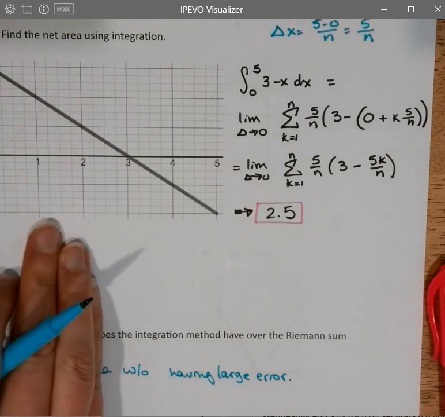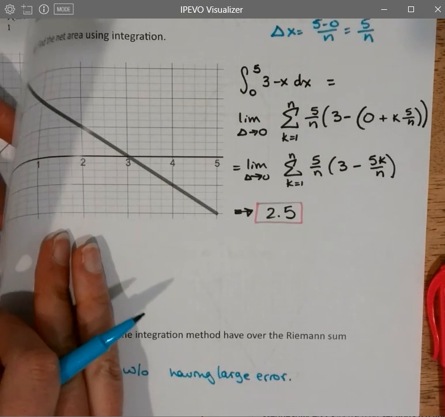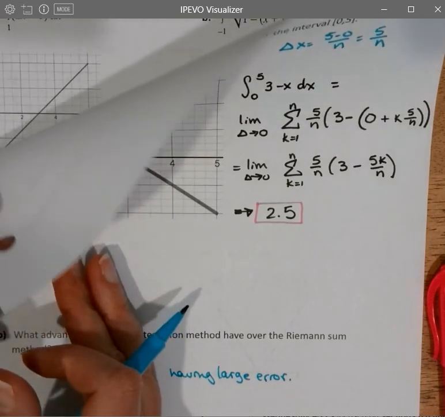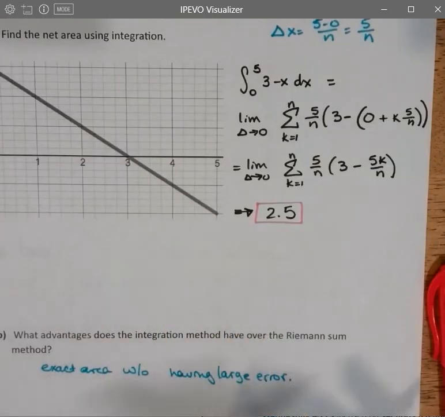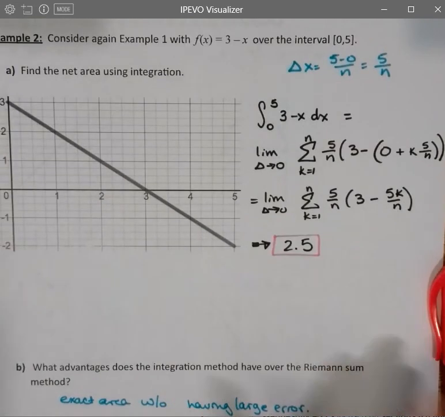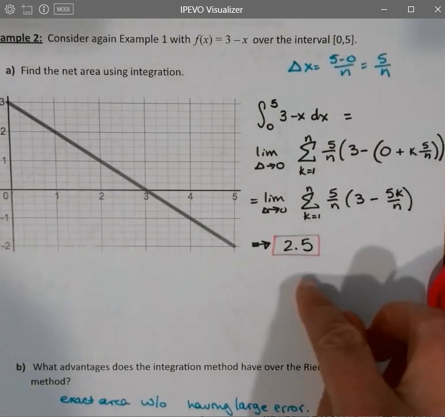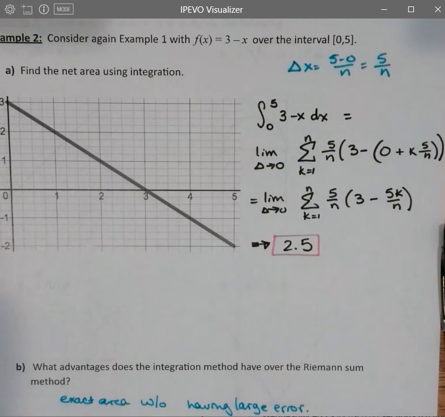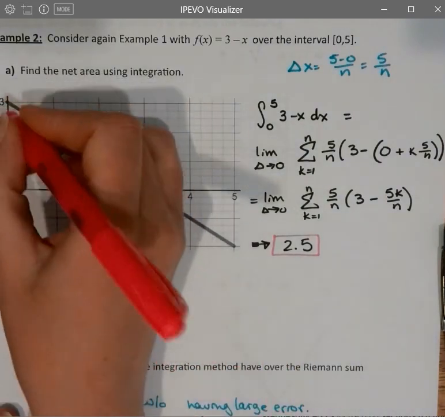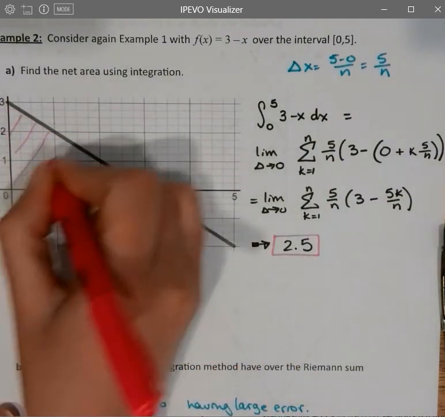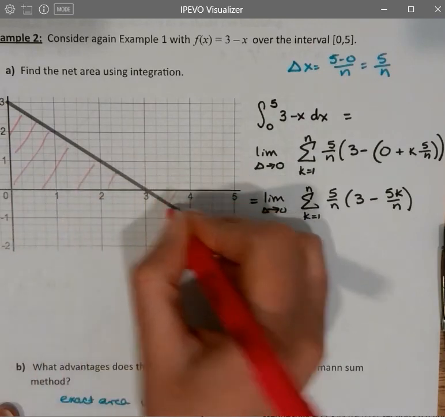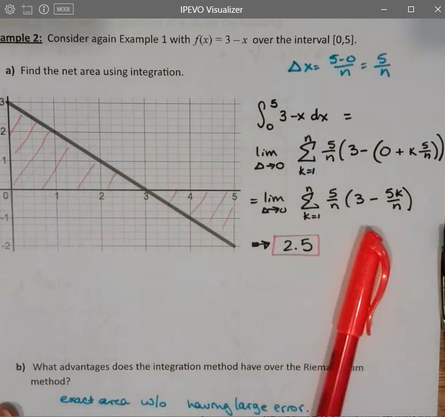All right. Taking a look at the next page, using geometry to evaluate integrals. Now, I just want to mention this one could be done geometrically as well, and we can confirm that we actually do get the 2.5. So let's talk about it geometrically. Since I have these two triangles, I can find the area that way.